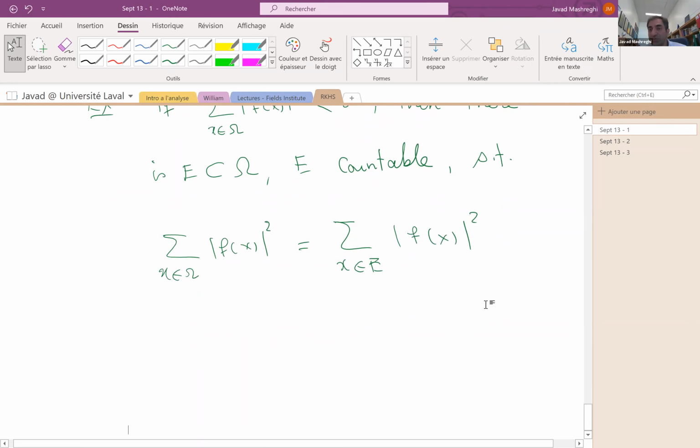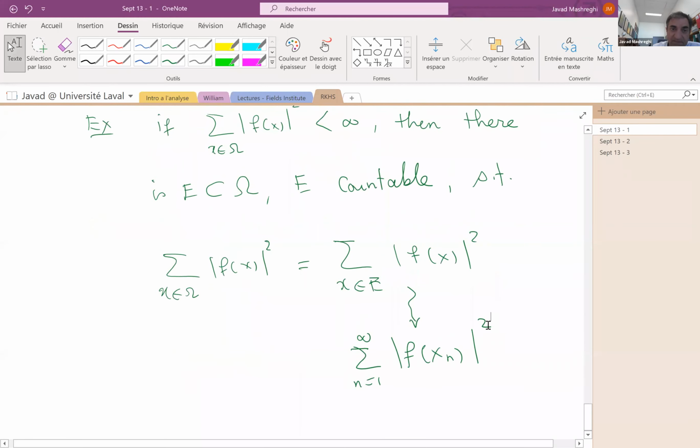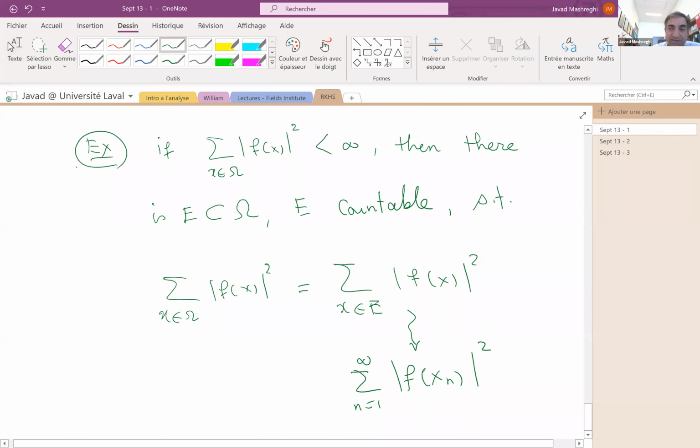You can enumerate the elements of E and write this as the sum from n equals 1 to infinity of the absolute value of f of x_n squared. It's what we have seen before. That's a simple exercise for you.